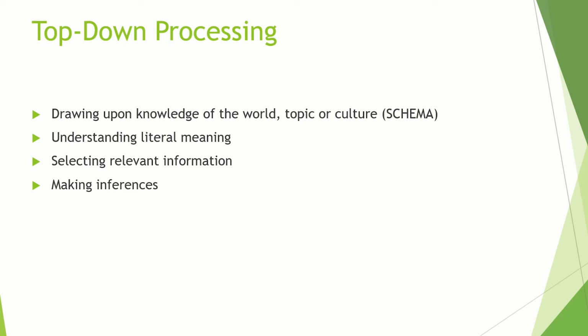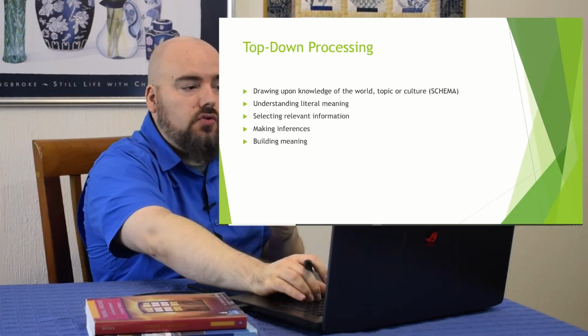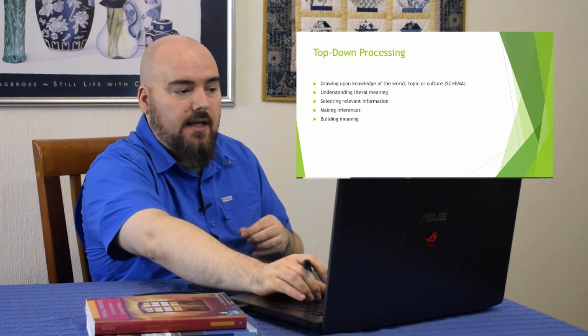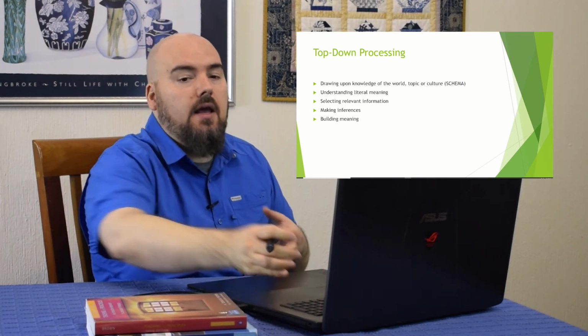If you don't have schema, you cannot make inferences. If you can't put two and two together, but that's really what's happening. It's you putting ideas together and making inferences. It's building meaning, and that's sort of the key of top-down processing. We're building meaning.